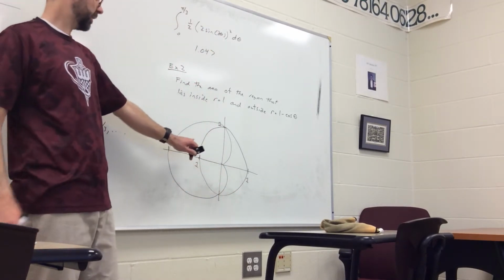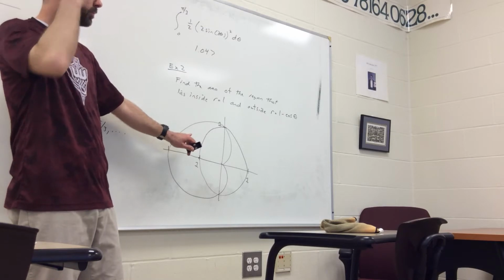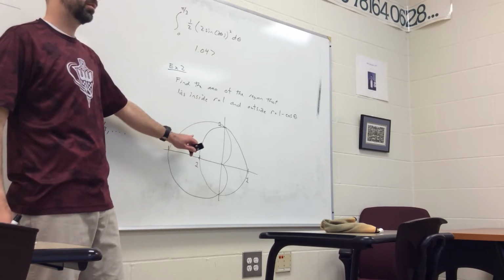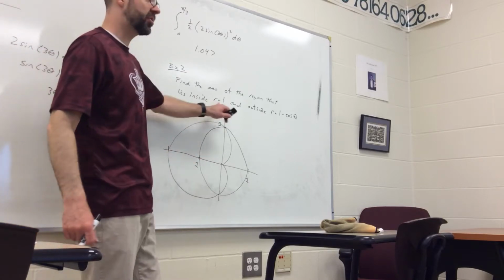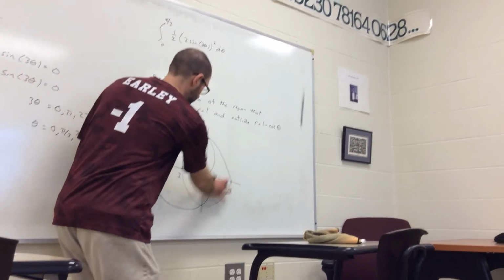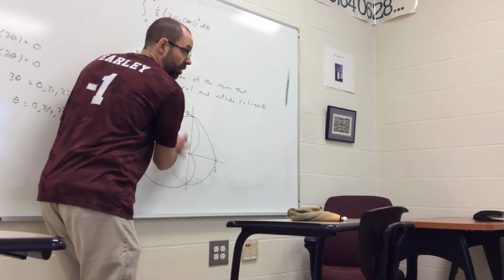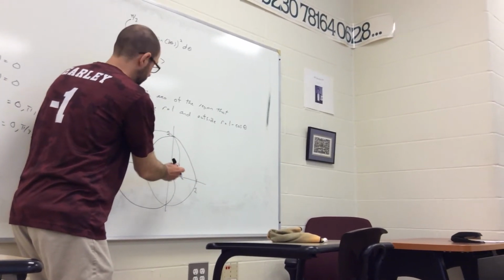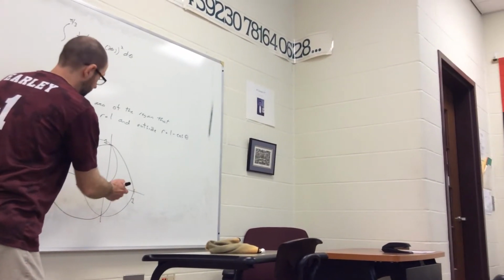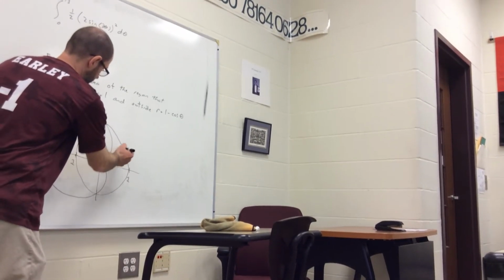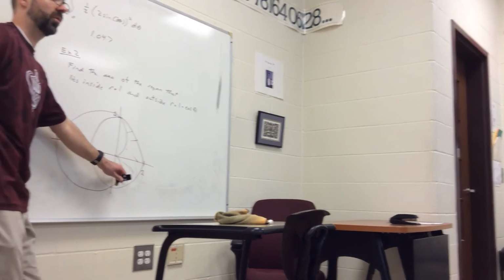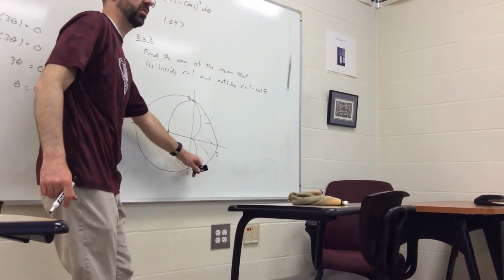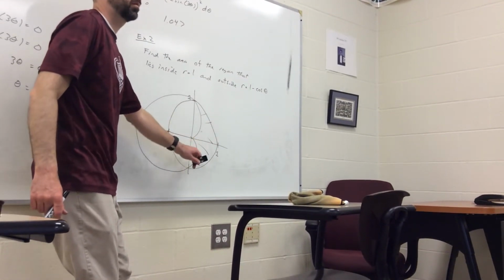There's what I'm getting. So they're asking for inside the circle, so in here, but outside the r equals 1 minus cosine theta. So this, that's what we're looking for, right? That half moon weird looking thing on the right there.